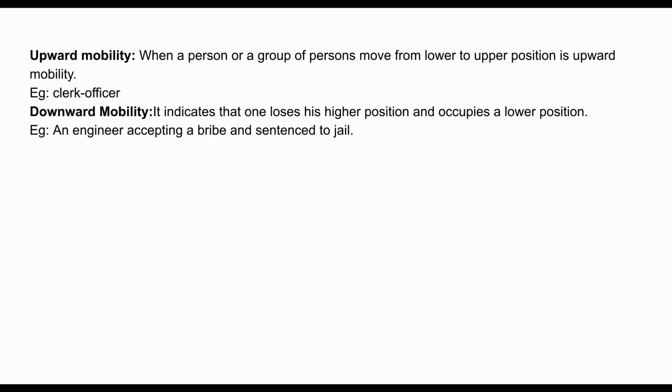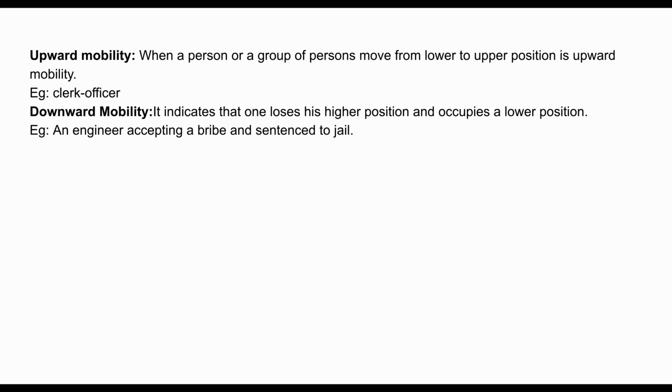Clearly it will be in this slide. Just take a look. Upward mobility, moving from down to up. A good example is a clerk becoming an officer. And downward mobility is an engineer accepting a bribe and being sentenced to jail. Already he is in a good position, being an engineer is a good position.